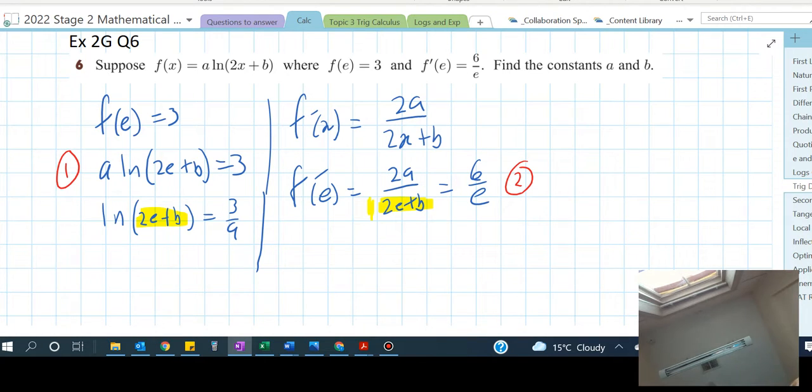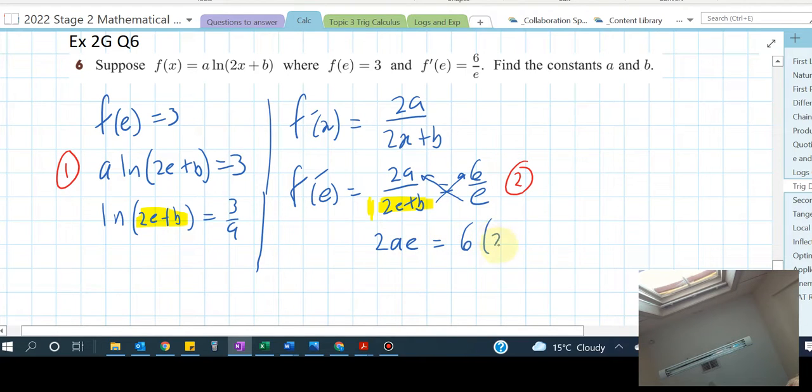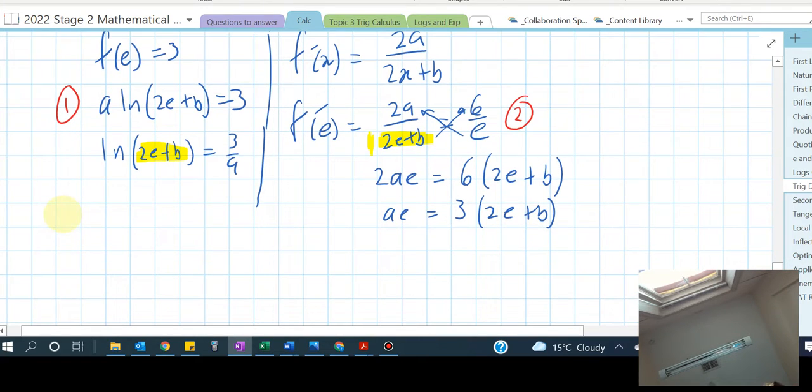So here we are cross-multiplying. This up there, this up here. 2Ae equals 6 bracket 2e plus B. I'm going to divide both sides by 2. Ae equals 3(2e + B). Then I'm going to take the log of both sides, which seems slightly odd.